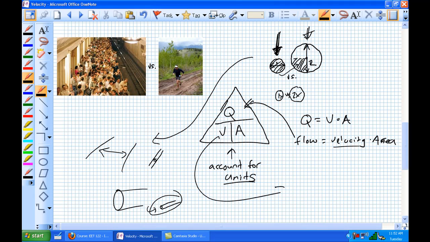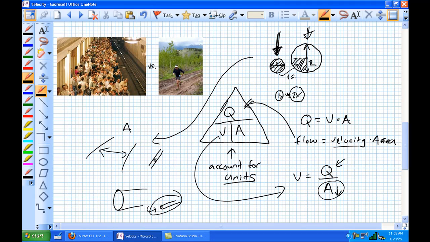So now velocity. Think about velocity. Flow divided by area. So if the flow rate stays the same and my area decreases, what happens to velocity? Flow rate stays the same, area goes down, it's a smaller number on the bottom, and this one stays constant up top. What happens to V? V increases, okay? Again, passageway.